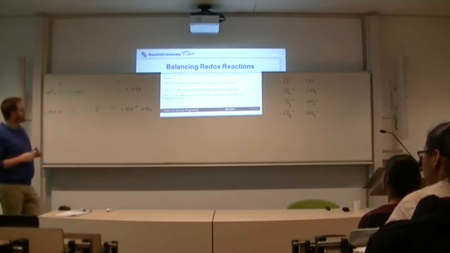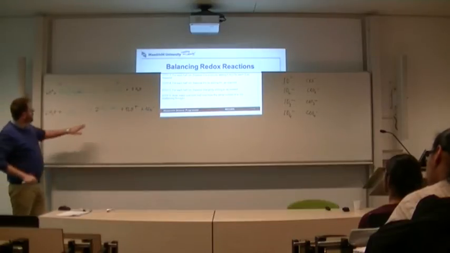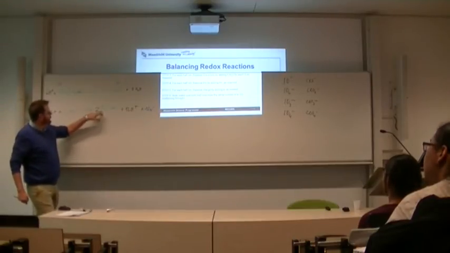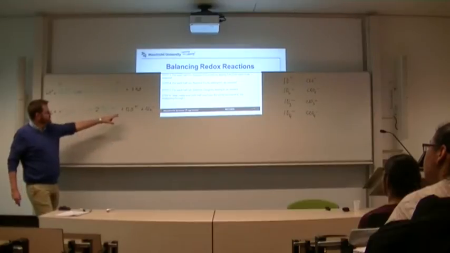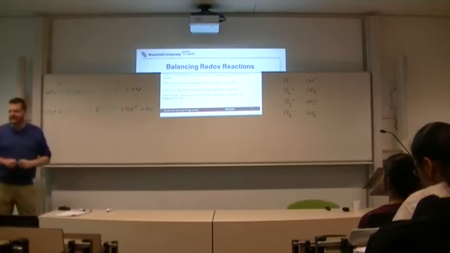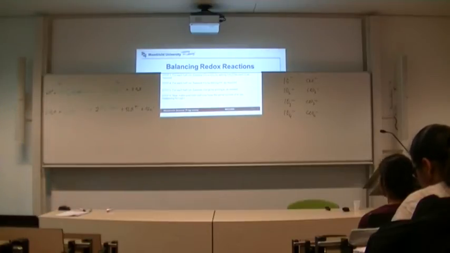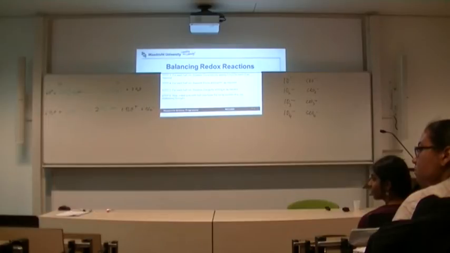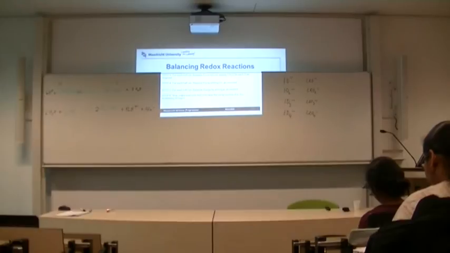Yes, it is correct. So we've got 2 minuses plus 12 is 10 plus. Yeah, so now it's balanced. Everyone agree? Katarina, you following? Yeah. Alright, what's the next step?